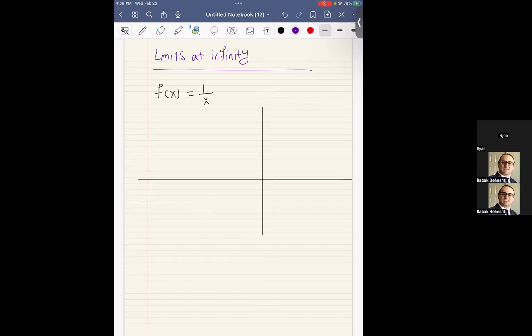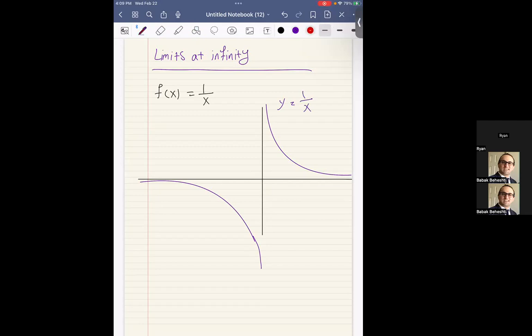So the graph looks like this. We know that when x goes to 0, this function goes to infinity. And when x goes to infinity, the function goes to 0. So this is y equal to 1 over x.